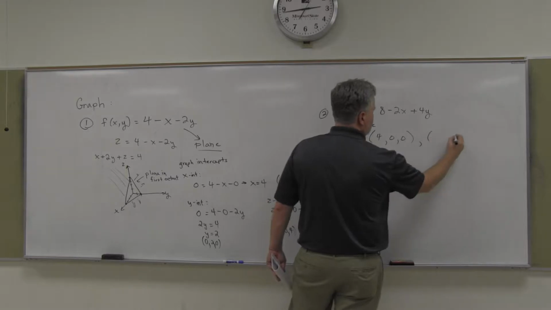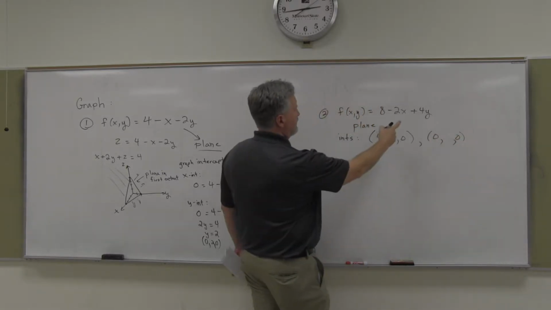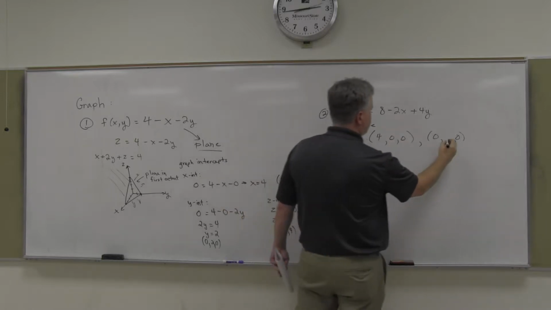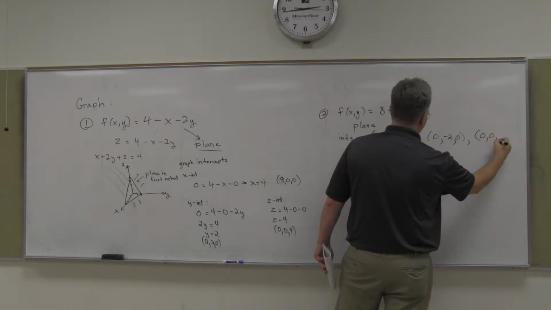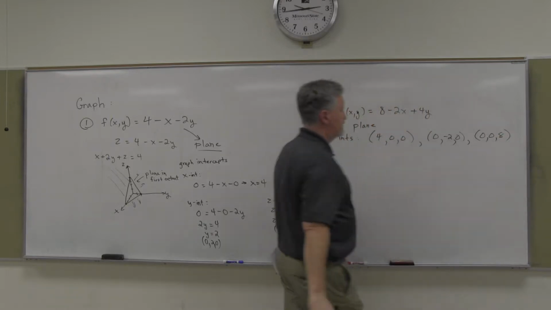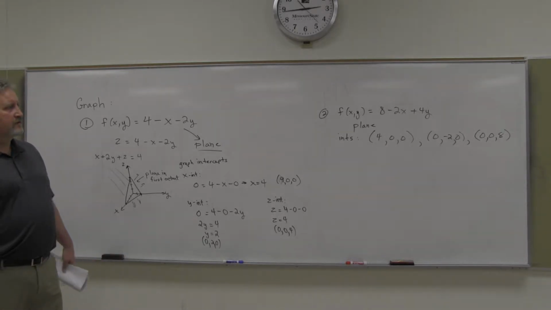And then when the x and the z are 0, the y-intercept would be -2, wouldn't it? And then with x and y 0, the z-intercept is 8. Does that sound right?